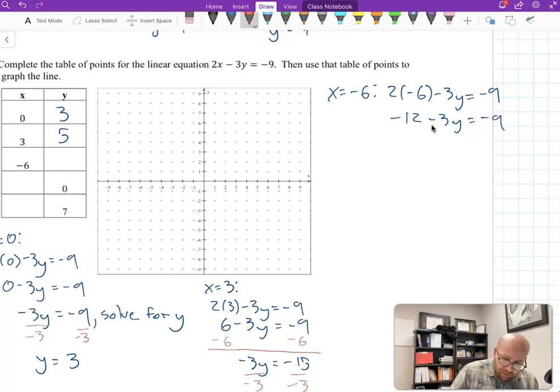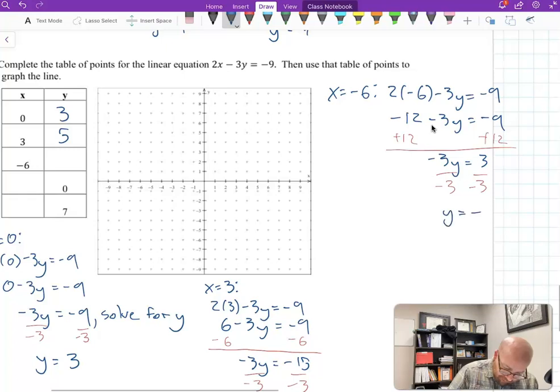We need to add 12 to both sides. We get -3y is equal to -9 plus 12, which is a positive 3. We'll divide both sides by -3. And 3 divided by -3 is -1.